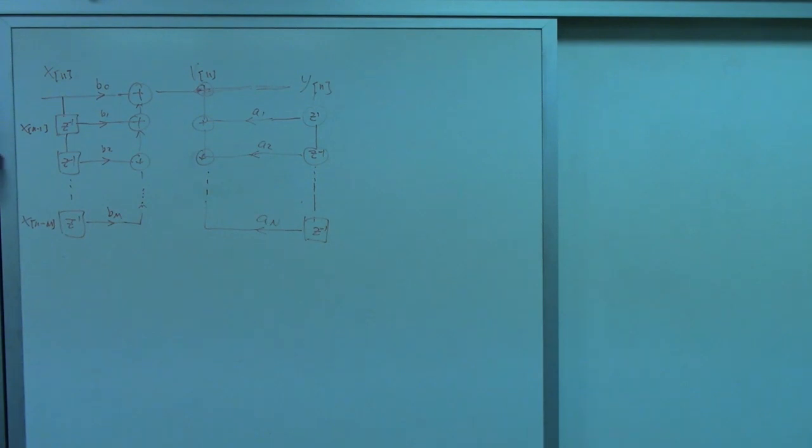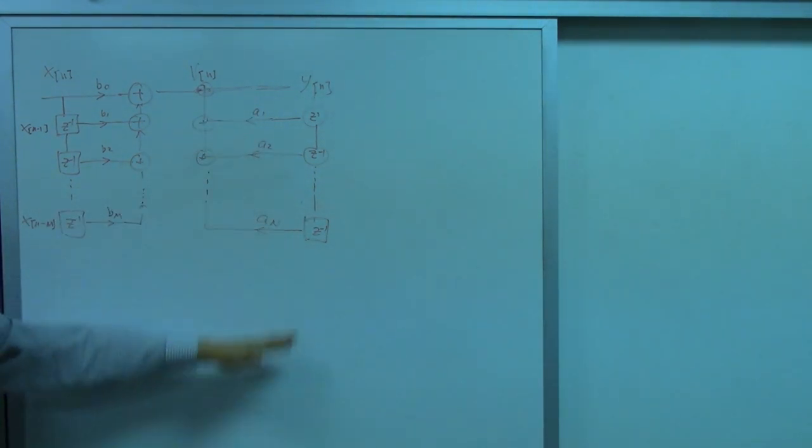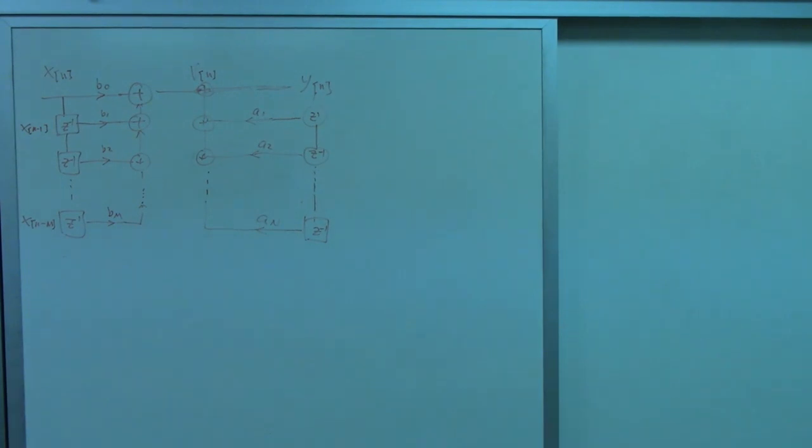Not necessarily, because capital M and capital N are not necessarily equal. If M is larger, then this side will be longer than that one. If N is larger, then this one will be deeper than this one. But anyway, it must be in this form. Does it make sense?